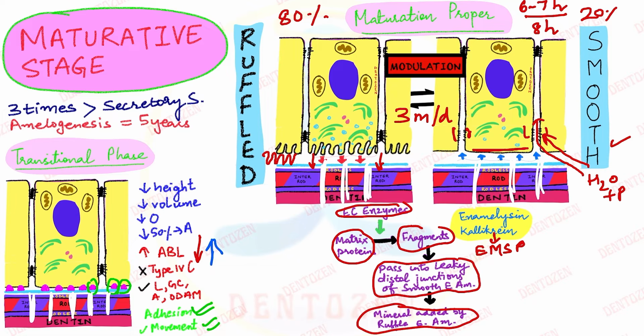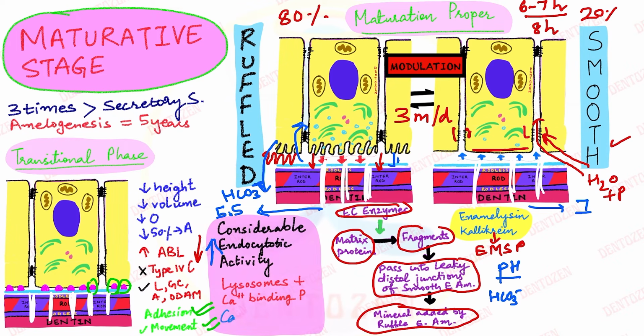To prevent reverse effects, ruffle-bordered ameloblasts will now add bicarbonate ions, so that no reverse mineralization occurs. That means whichever mineral is added should not go back due to the acidic environment. So to neutralize the pH, bicarbonate ions are secreted. The pH during the ruffle shape will remain acidic, about 5.5, and as it becomes smooth-ended, the pH becomes neutral.